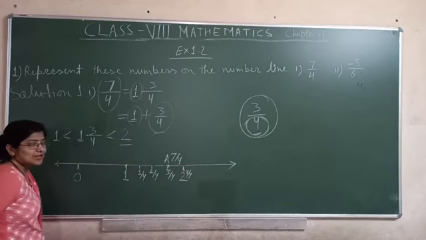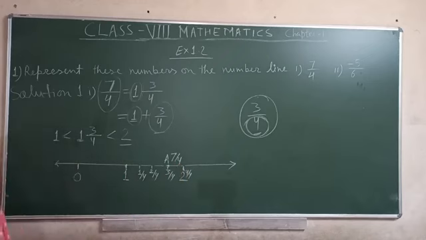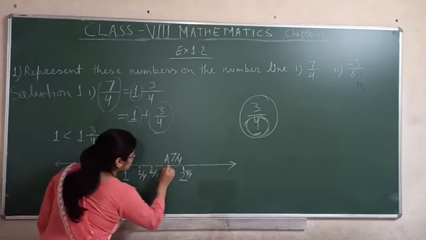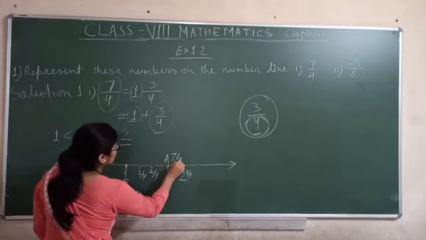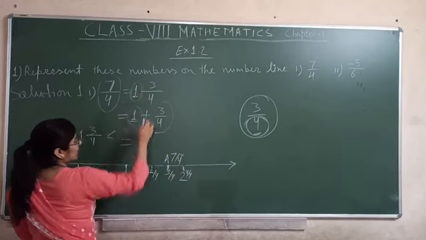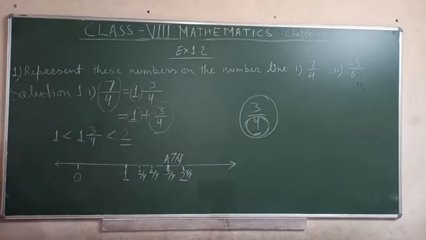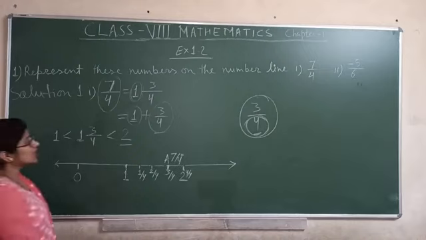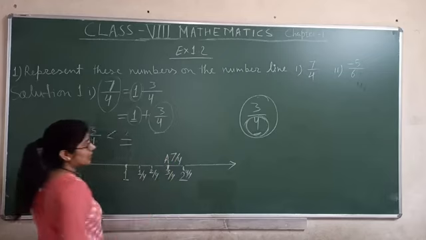You know that the right hand side is our positive part. So this point A represents 7/4, or 7/4 equals 1 whole 3/4. Like that way you have to draw 7/4 on the number line.